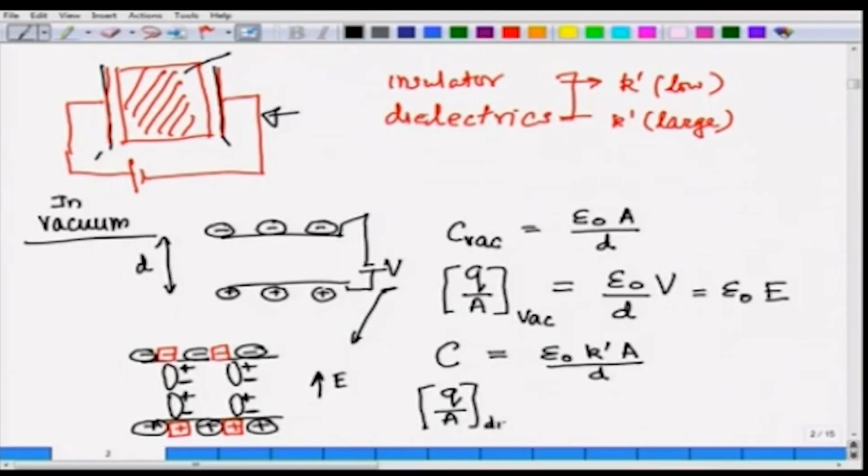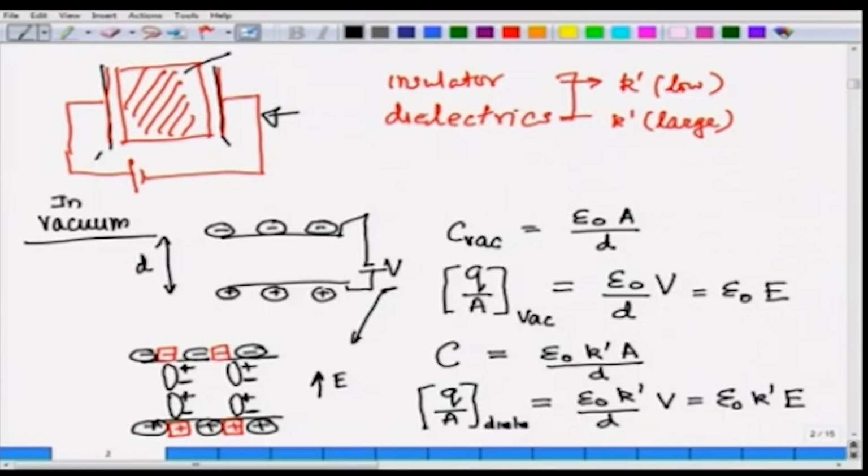This is dielectric. That quantity of course would be, in the same way, epsilon naught K prime V by D, where V we are going to write as epsilon naught K prime E. Remember this equation, we will come back to this.